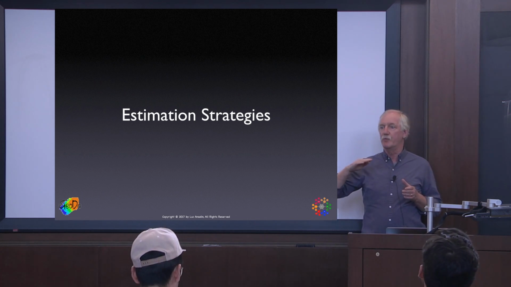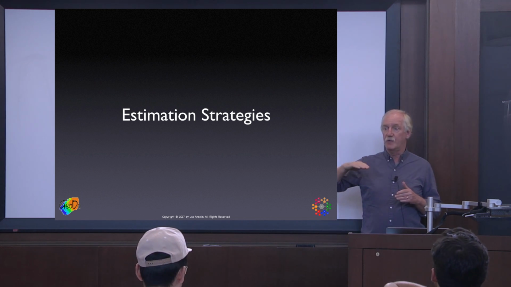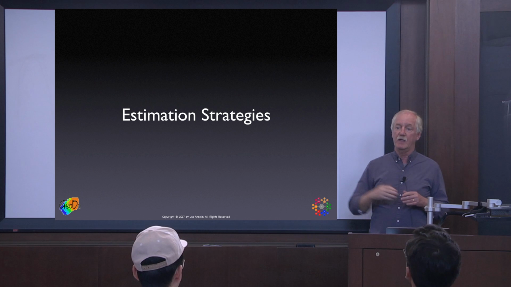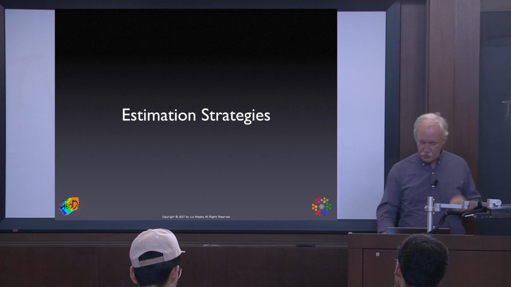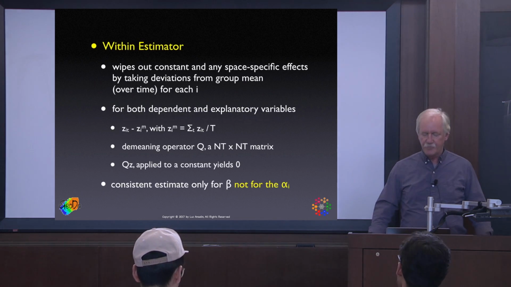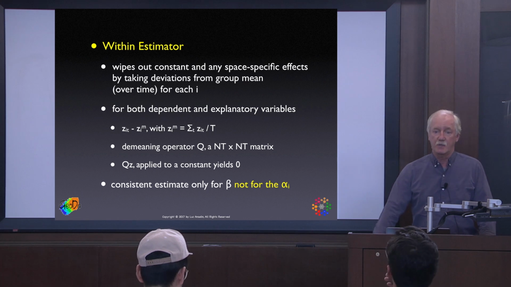No shift in slope. So the betas are the same everywhere, but the alphas are different by individual. So whatever this unobserved heterogeneity is, it gets absorbed by this shift in intercept.